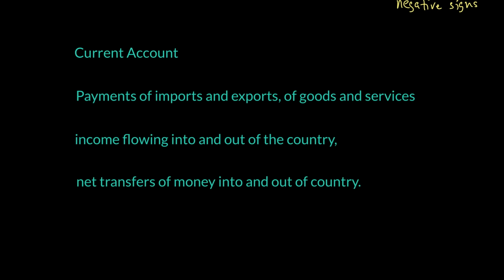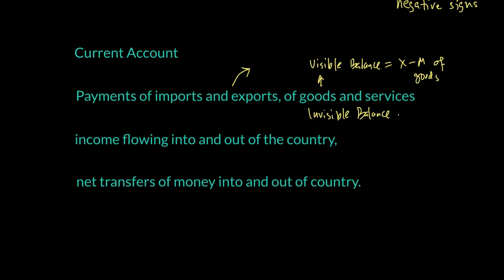Now, trade in goods and services. When you look at trade in goods, we call it our visible balance. So, visible balance will basically mean that we have all the X minus M of goods, but then we also have what we call our invisible balance, which is our services, and that is your X minus M of services.